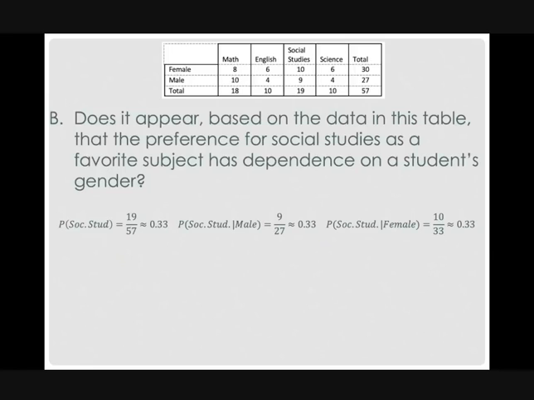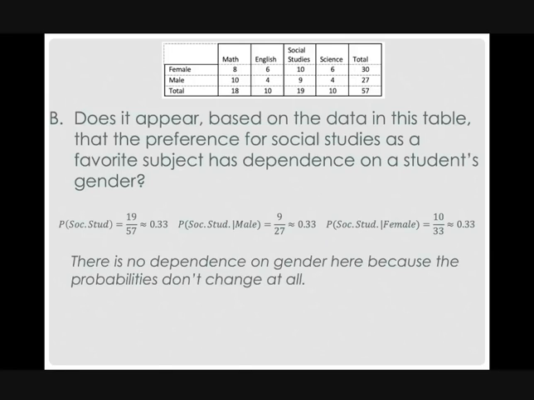And the probability of liking social studies given female is 10 out of 30, that's supposed to be 30. I'll make that correction on the PowerPoint, which is also 1/3. So notice here that there is no dependence on gender because the probabilities don't change at all.